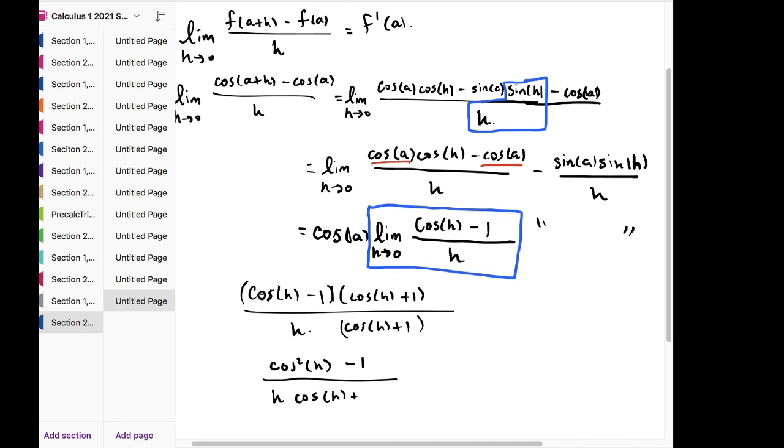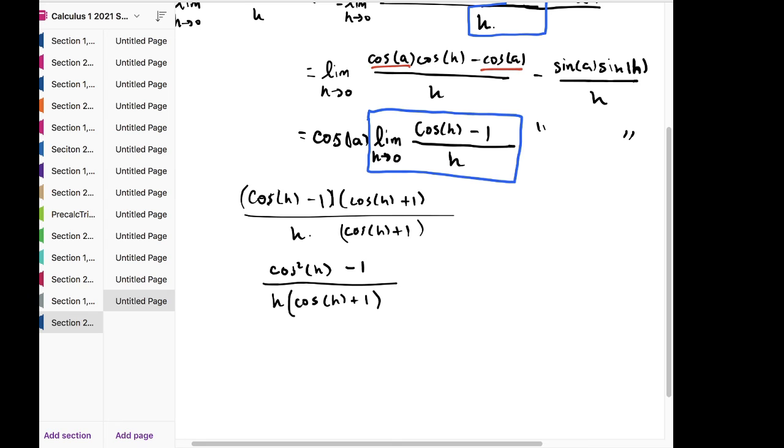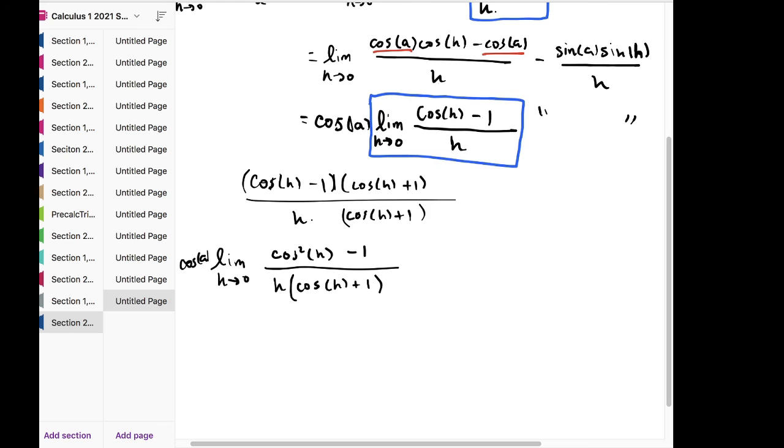Can someone tell me what cosine squared of h minus 1 is? It's almost sine squared, but it's a little bit off.